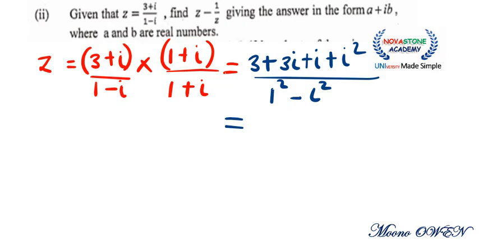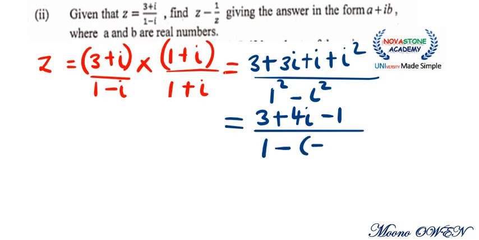Now let me solve on top. On top, I've got 3 plus 3i plus i, that will just give me 4i. Now i squared just gives me a negative 1. So I'm going to have a negative 1 over, when I come down, 1 squared, which is just 1, minus i squared, and i squared is negative 1.